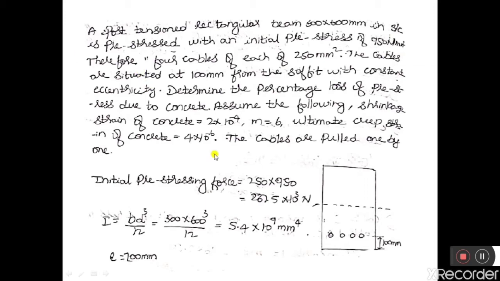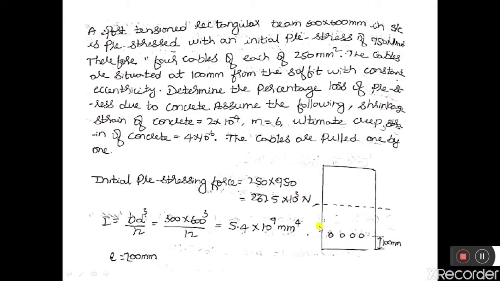So in this question, it is given that a post-tensioned rectangular beam of cross-section 300 by 600 mm is pre-stressed with an initial pre-stress of 950 Newton per mm square.